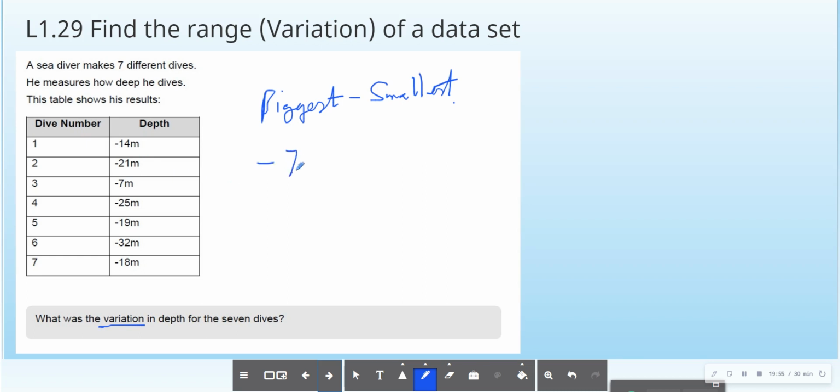And your smallest is minus 32. Remember when you have two negatives in the middle, minus minus, that becomes a plus. So minus 7 plus 32 is 25. Be careful with that one.